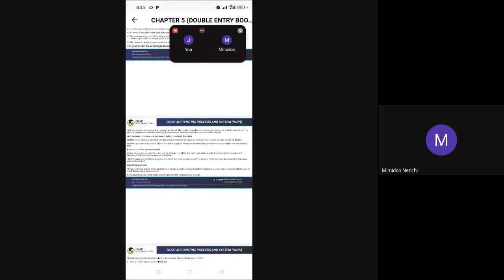When you sell your goods, the revenue will surely increase. Therefore, the sales account is being credited. Because of the increment in the revenue based on sales, the revenue account will now be credited. Any question?